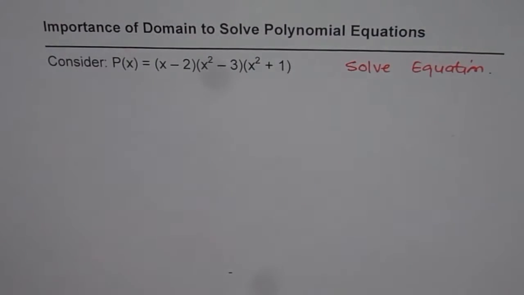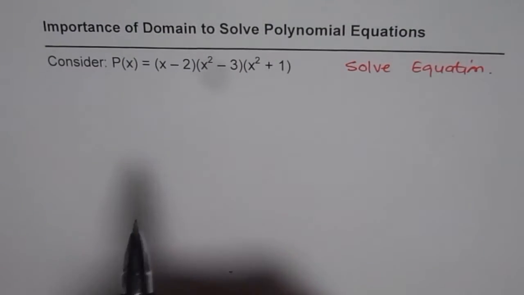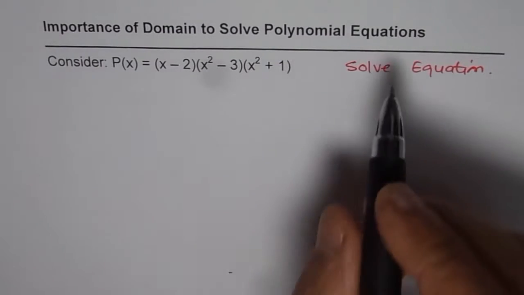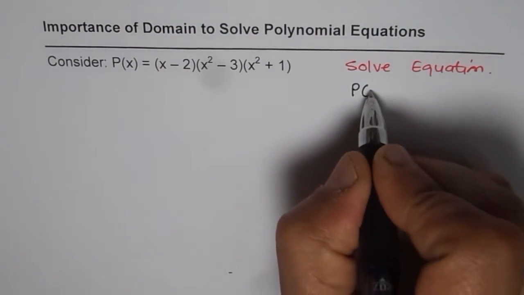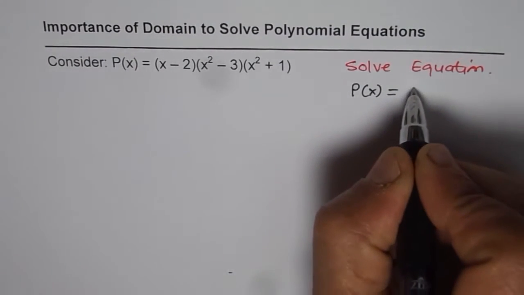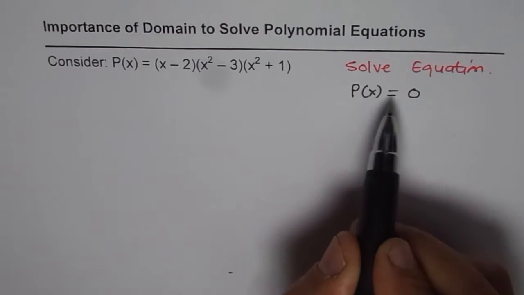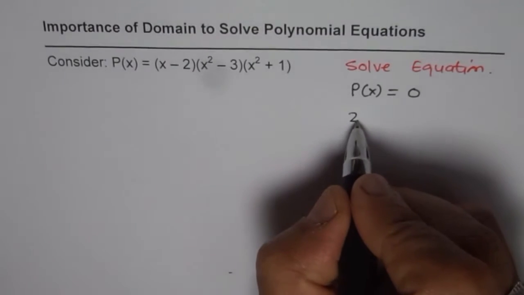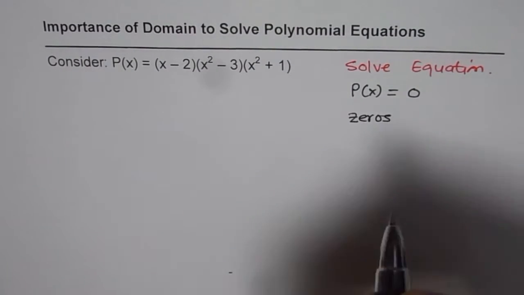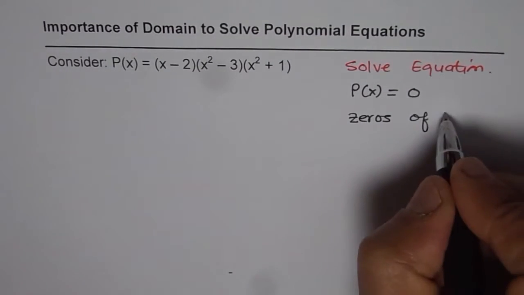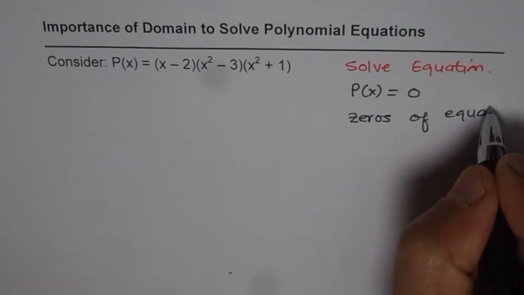So in this particular case, we have a polynomial equation which is given like this. So what does it mean? It means we need to find zeros of this equation. That means equate the equation to 0 and find the values of x which will give us 0. So that means we are looking for zeros of equation. That is what it means, right?